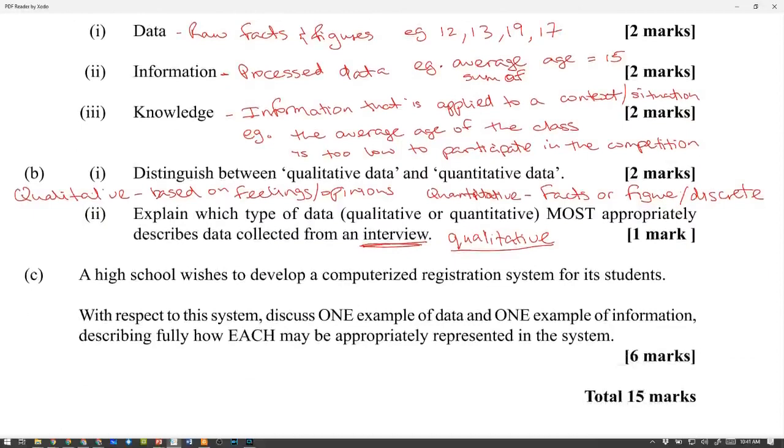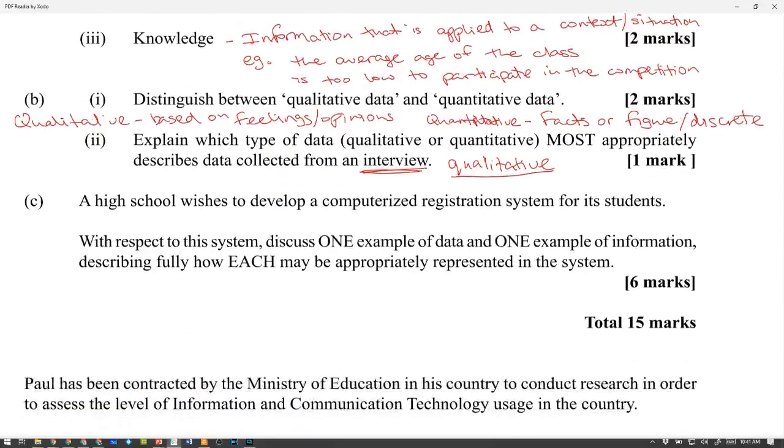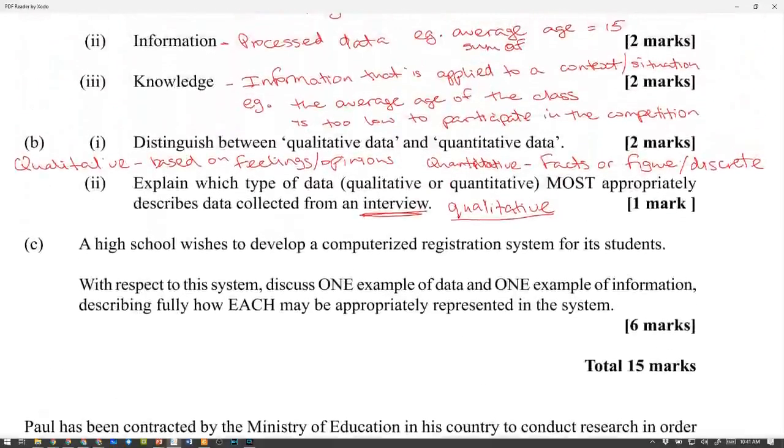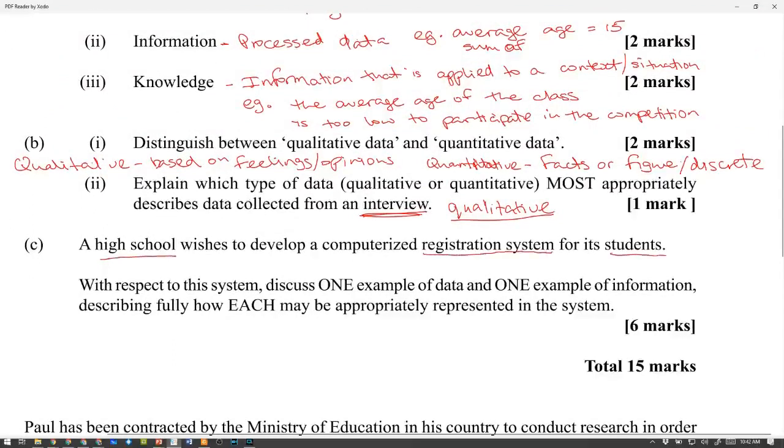All right, a high school wishes to develop a computerized registration system for its students. With respect to this system, discuss one example of data and one example of information, describing how fully each can be represented in the system. So this requires you to give an example, and when you have to give examples, you have to be able to match it back to the scenario. So it's high school, and they're doing a registration system for their students.